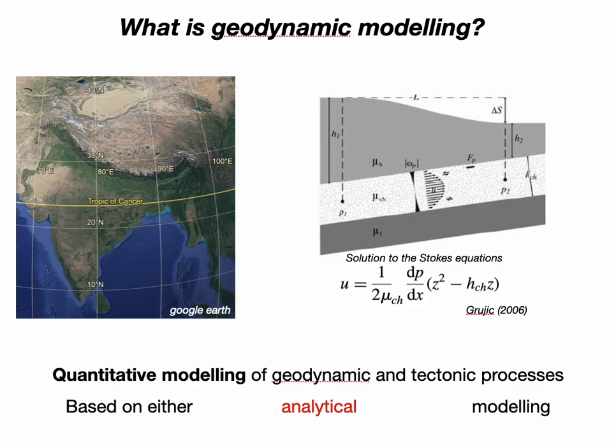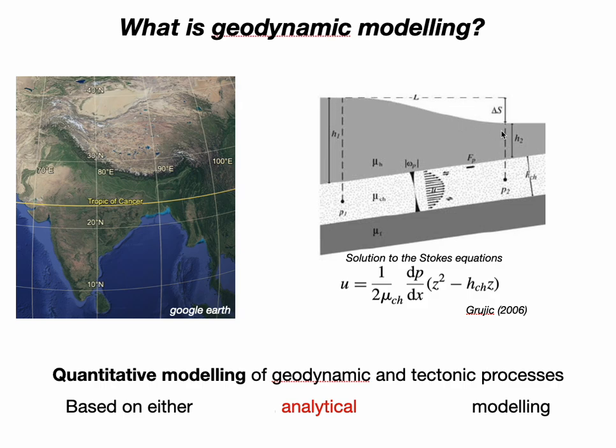Analytical models have also been applied to study India-Asia collision. This is here an example where a solution to the Stokes equations, we will come back to this later in the lecture, has been derived in order to predict the flow of the lower crust below the plateau.